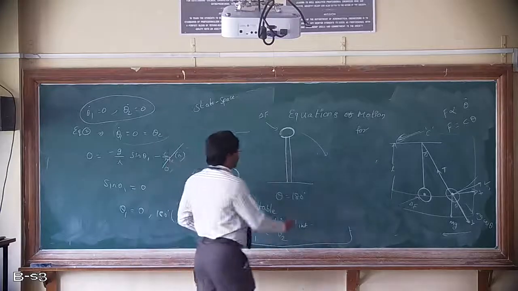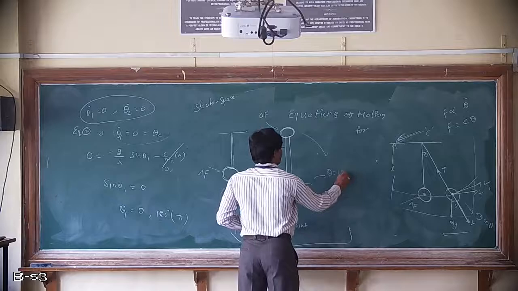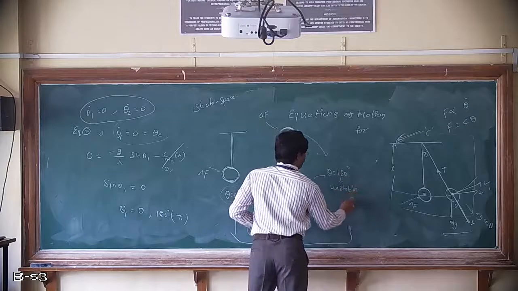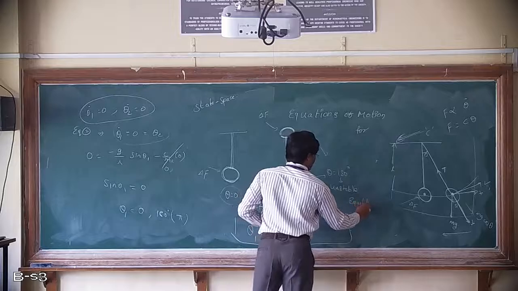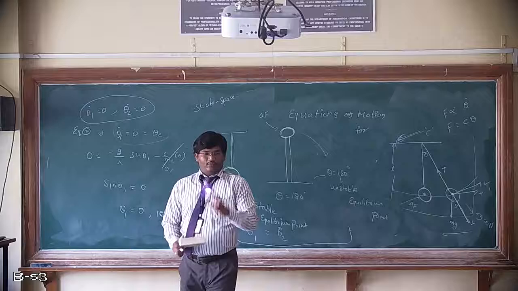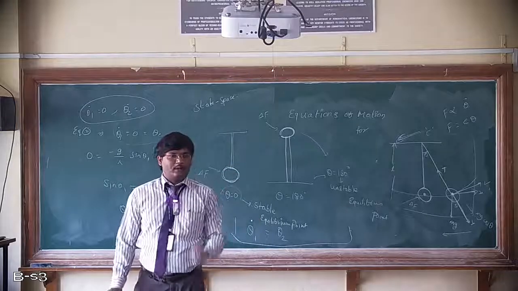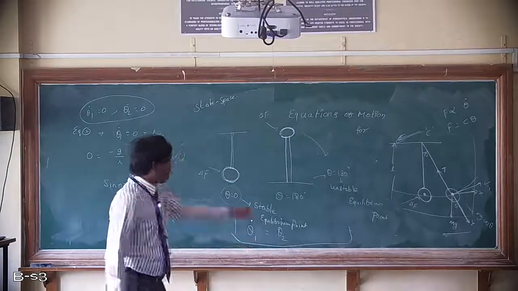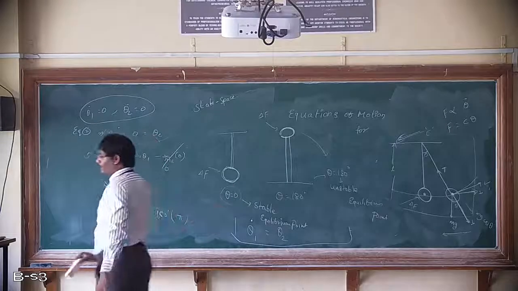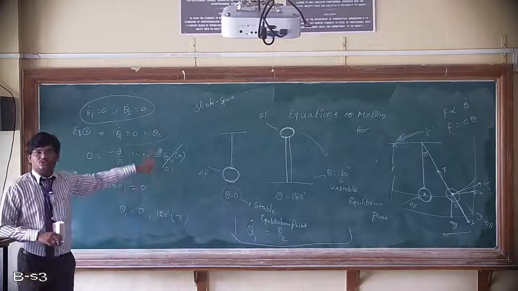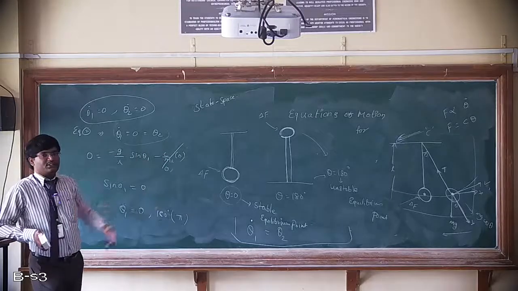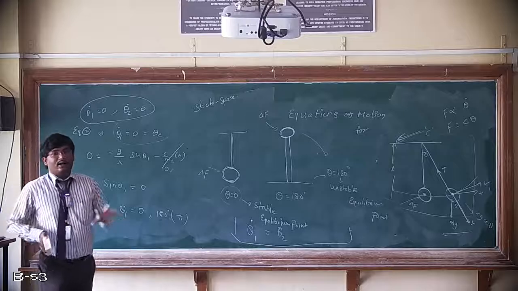Coming to the point at theta equal to 180 degrees, this point is an unstable equilibrium point. For a simple pendulum, we have two equilibrium points: one at theta equal to 0 degrees, called a stable equilibrium point, and another at theta equal to 180 degrees, called an unstable equilibrium point.